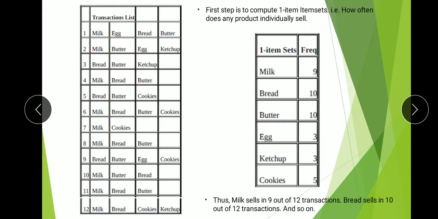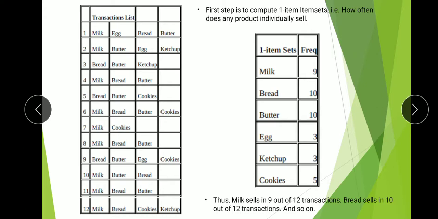Therefore 33% of 12 comes to around 3.96. So each one of them should have a frequency of 3.96 or above. We need to choose the items having frequency greater than or equal to 3.96.